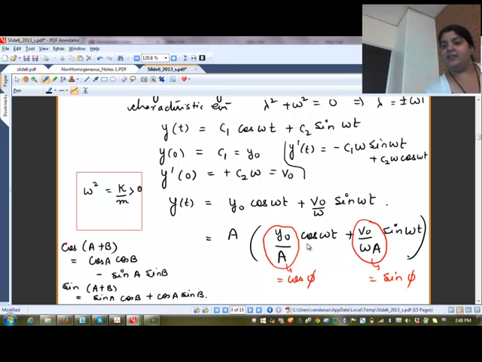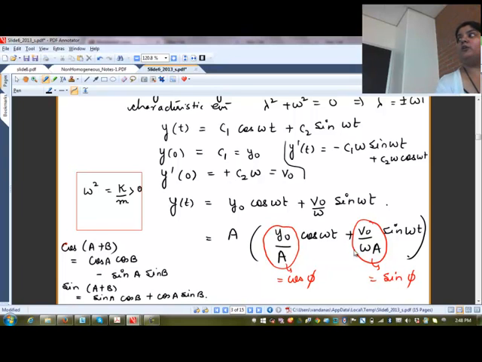So if you want a final expression in cosine, you will assume this to be cosine, because cosine cosine and sine sine can give you cosine. If I place a negative sign here, it will be a plus sign here.